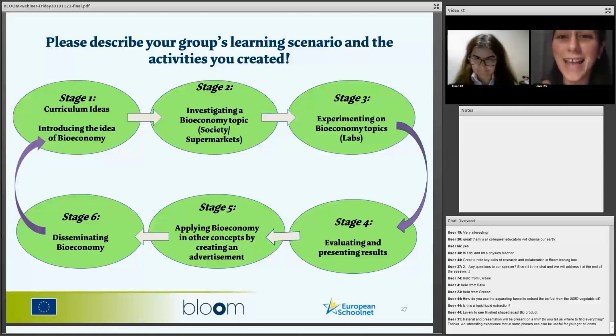After that, they had to evaluate and present their results. Basically, this was done by comparing the soaps, and of course I checked their worksheets. Everything was done by structured work, through which in each experiment they had to answer specific questions that had to do with science topics.